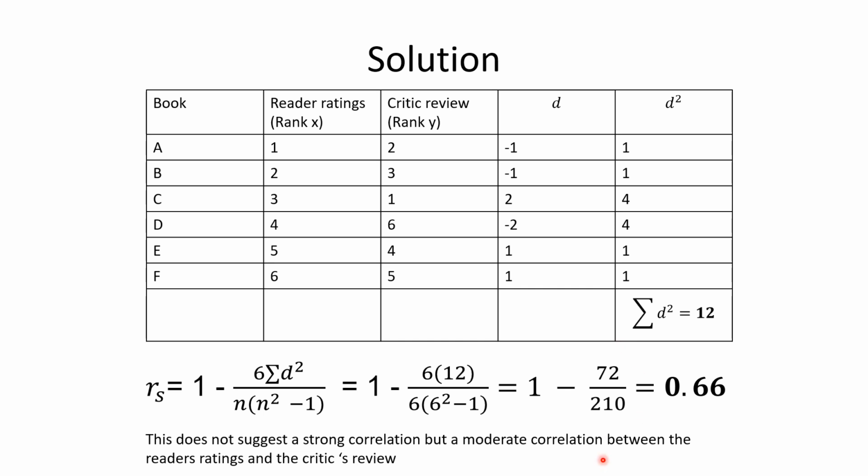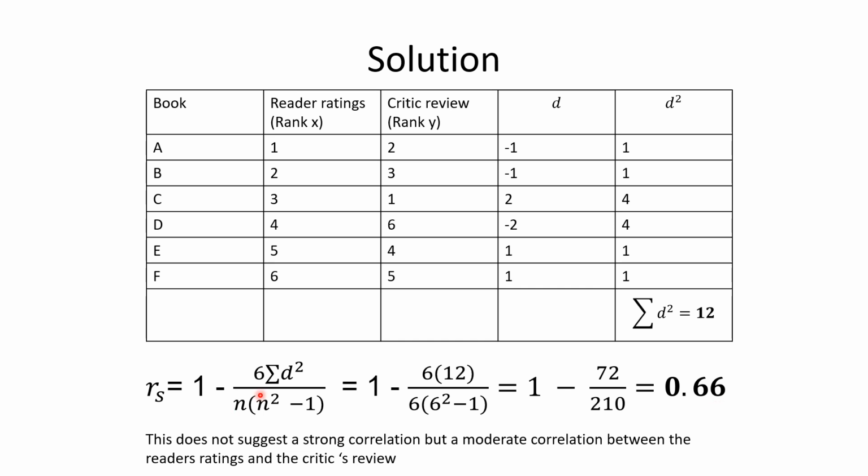So 1 minus the fraction of this will give you 0.66. If we have to interpret the result, we simply say that there's no strong correlation, but a moderate correlation between the reader's rating and critic rating. Or simply put, there is a moderate positive correlation between the reader's rating and the critic's review.